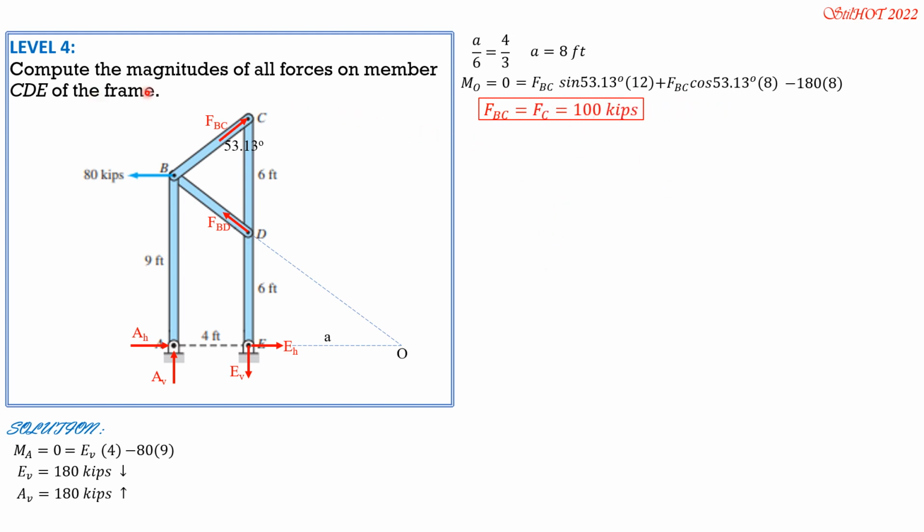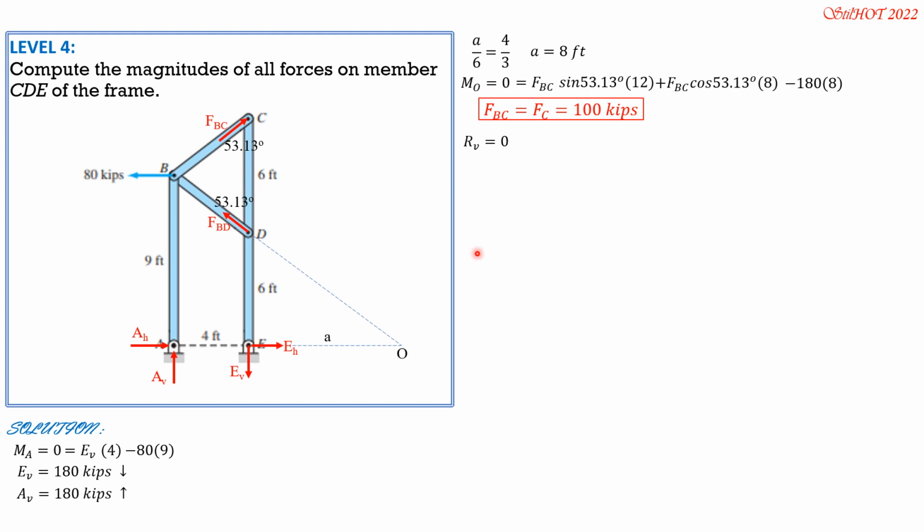So take note that we are just computing the magnitudes. Then set the sum of vertical forces in this portion CDE equal to 0. This is also 53.13 degrees.